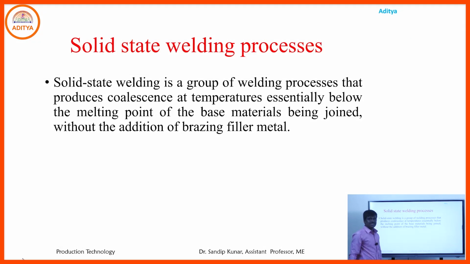What is the solid state welding process? Solid state welding is a group of welding processes that produces the welding joint, meaning coalescence, at a temperature essentially below the melting point.